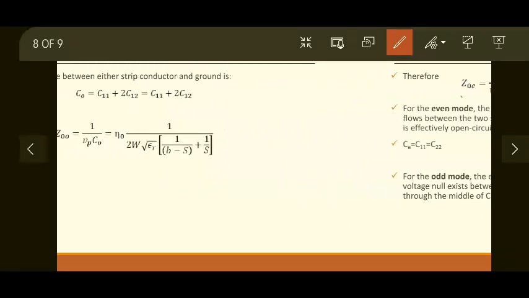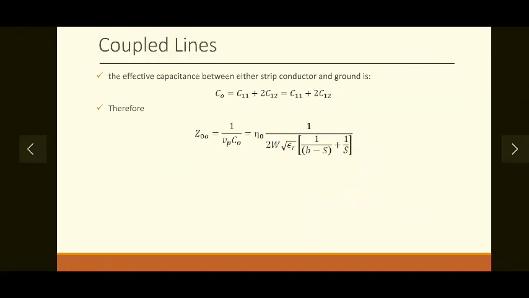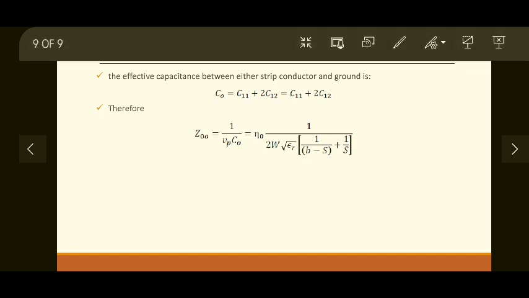So because of that, the characteristic impedance can be given by Z0 odd, 1 upon phase velocity into equivalent capacitance of odd mode, eta 0 into 1 upon twice the width of a conductor into square root of permittivity of the substrate into 1 upon B minus S plus 1 upon S. This is the formula.